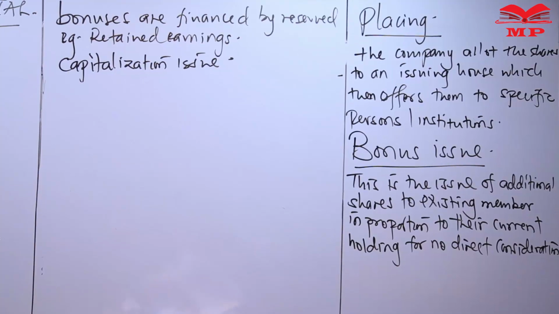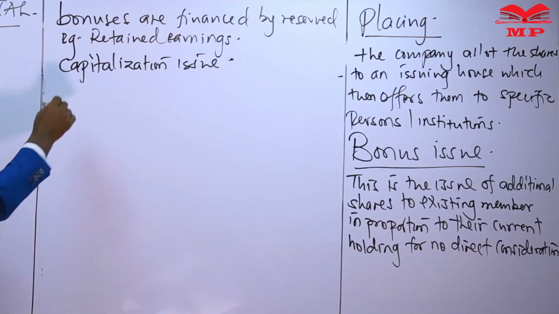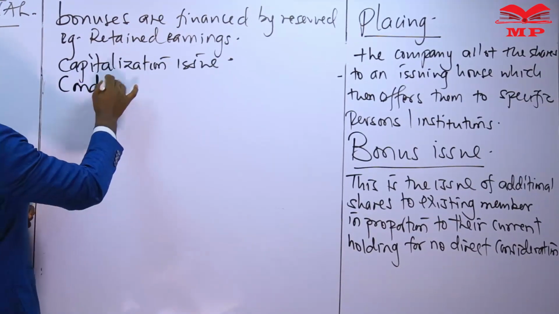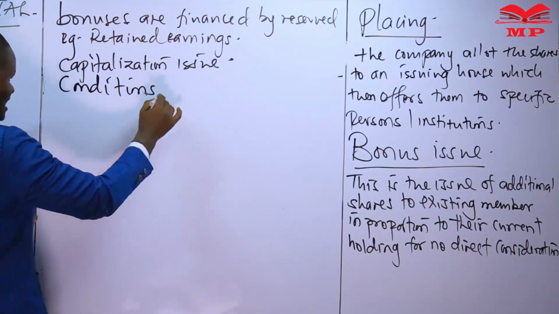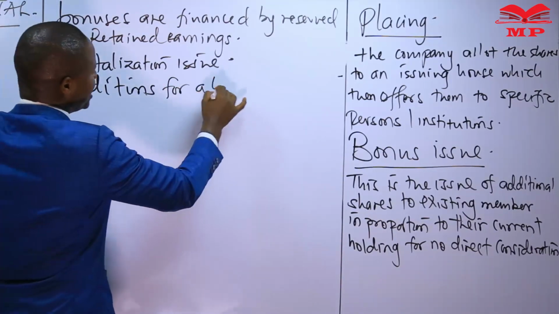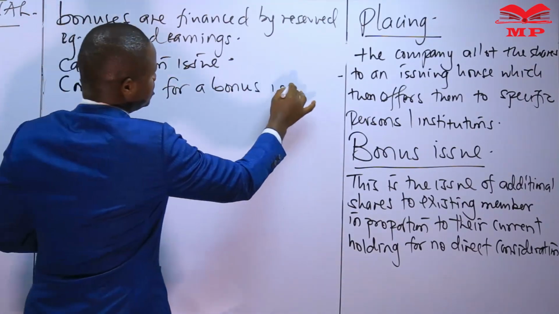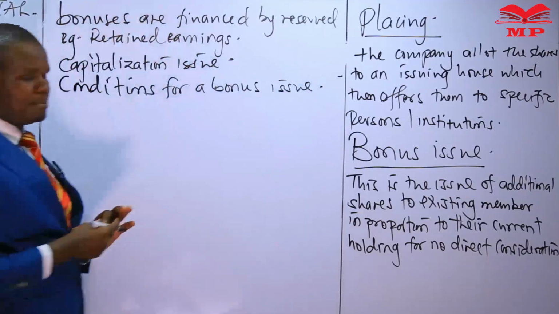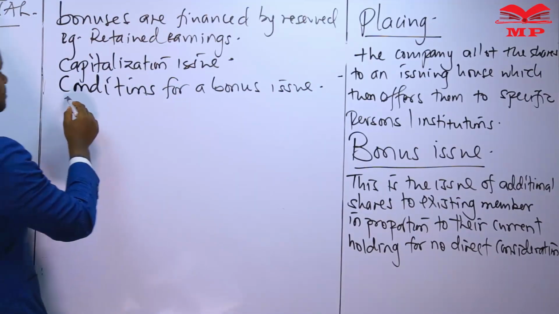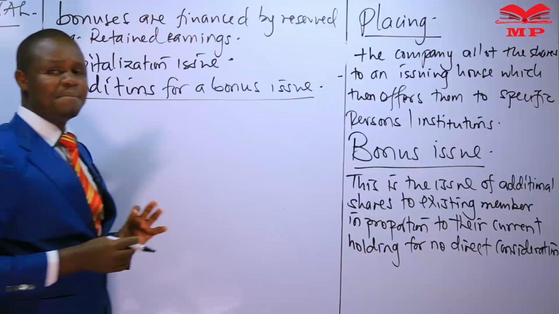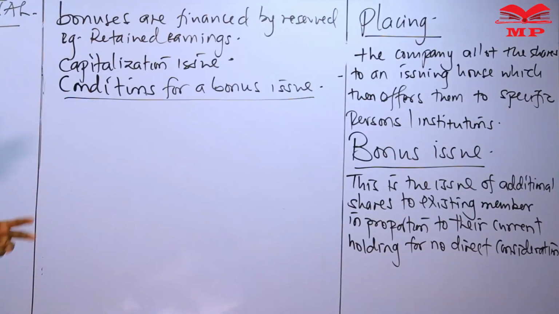Now, for a bonus to be effected by a company, there are some conditions that are necessary. Conditions for a bonus issue. There are some conditions that the issuing company must meet before they proceed to effect a bonus issue.